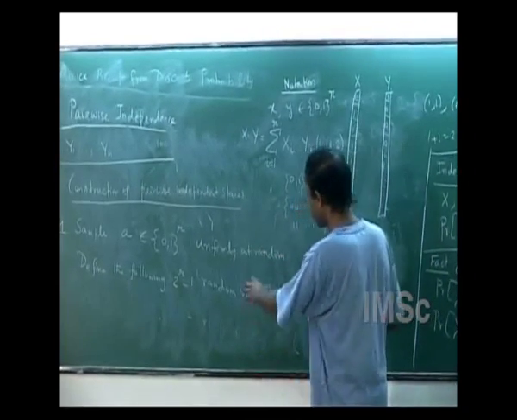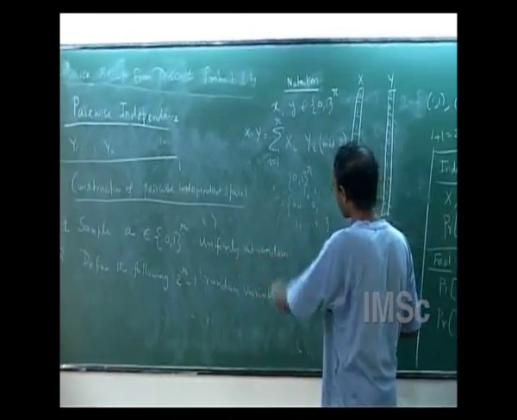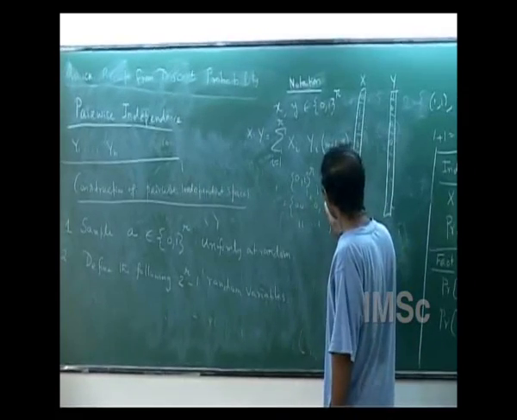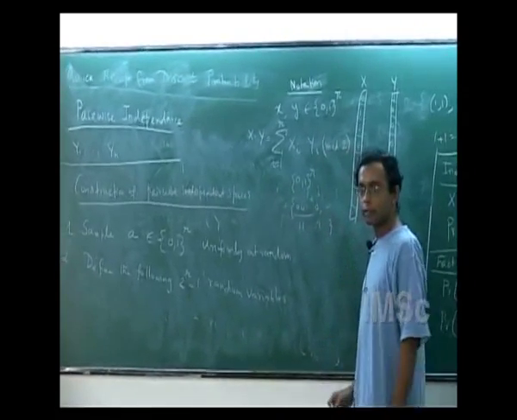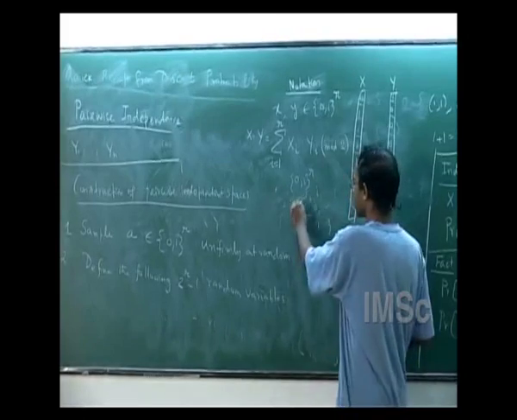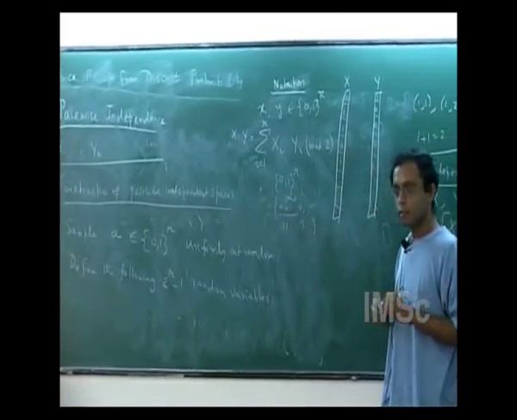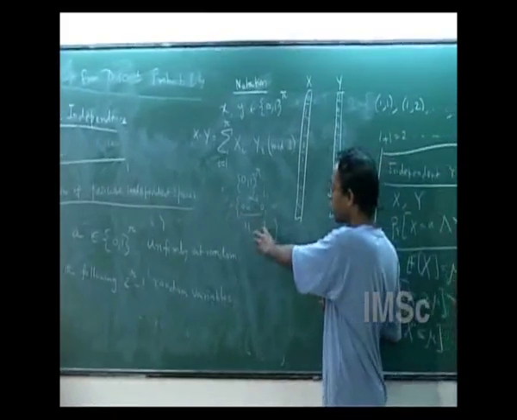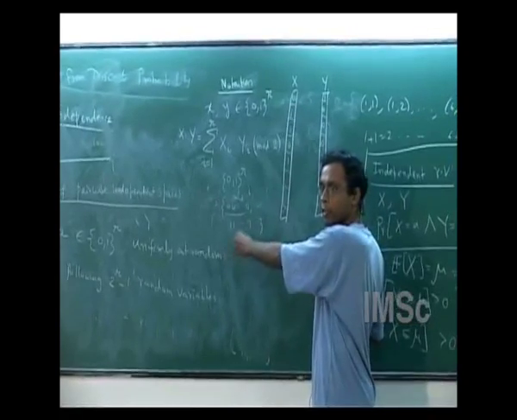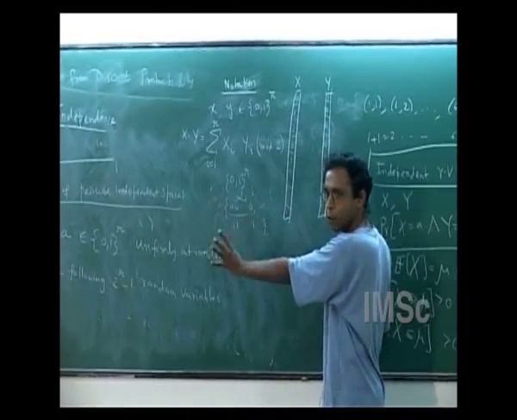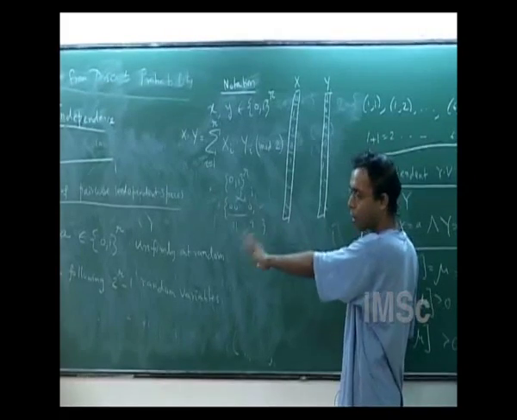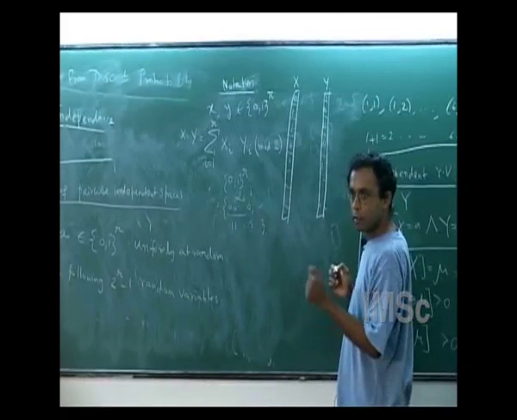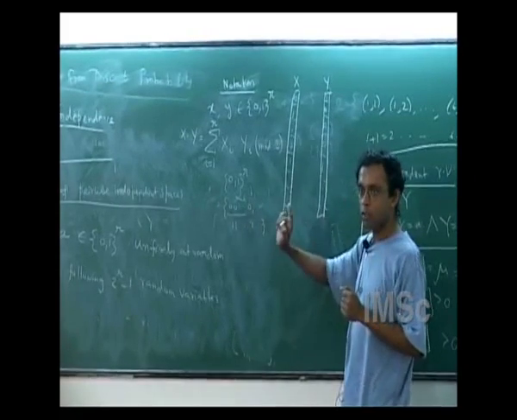I am going to define 2 power r minus 1 random variables, one for each of the patterns except the first one. If you delete the first one, there are 2 power r minus 1 different bit strings, and for every bit string I define a random variable. You don't take the first one, which is all 0.